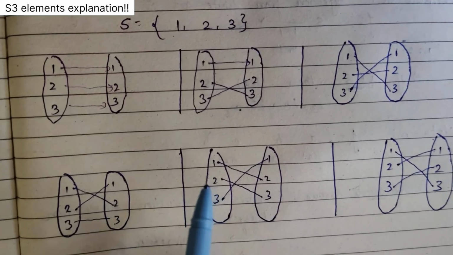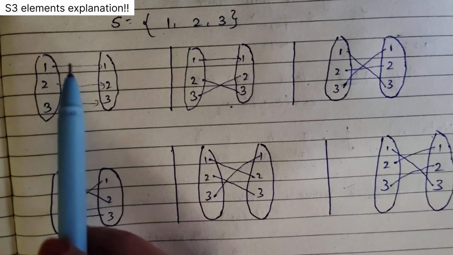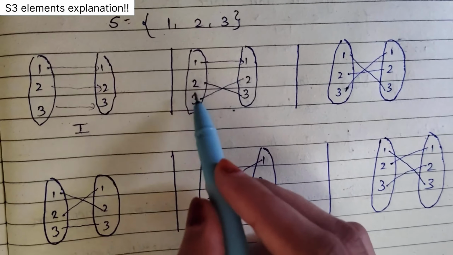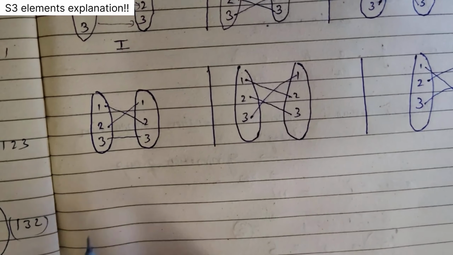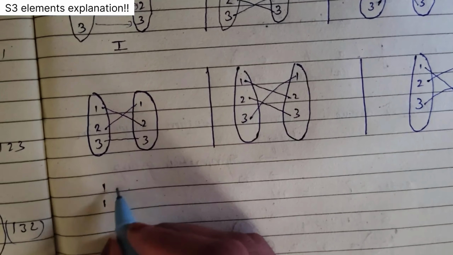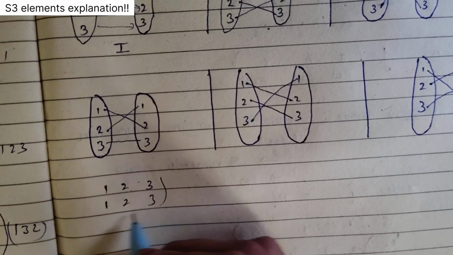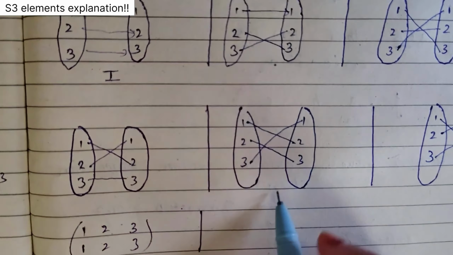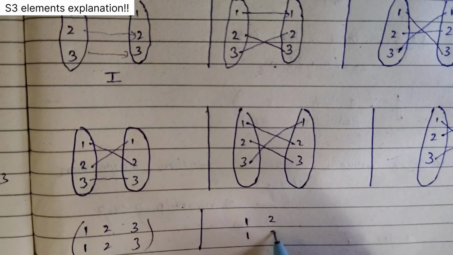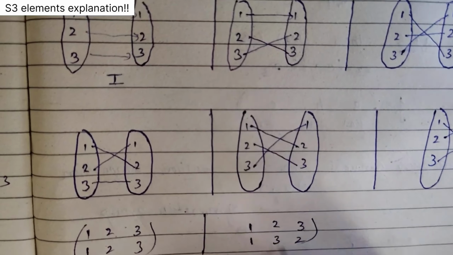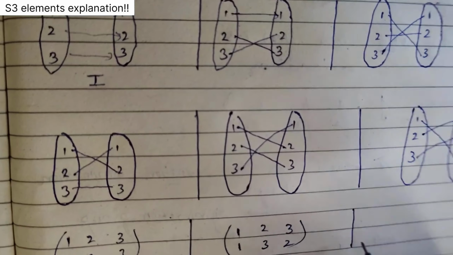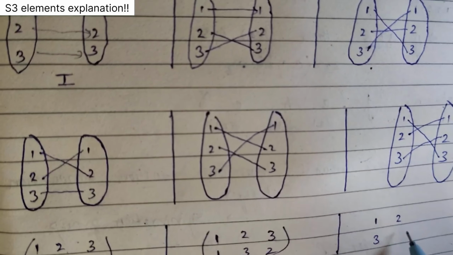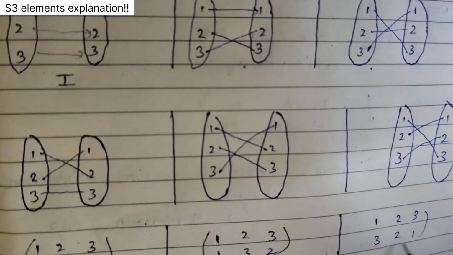We can write these mappings as: first one is 1 to 1, 2 to 2, 3 to 3, that is the identity. Let me first write the permutation notation. Next we have 1 to 1, 2 to 3 and 3 to 2. For the next one, 1 is mapped to 3, 2 is mapped to 2 and 3 is mapped to 1.